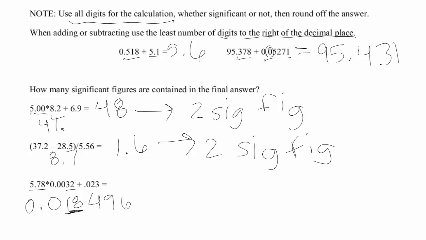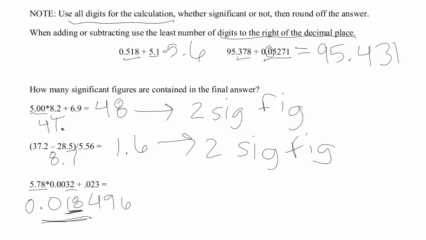So in this case, even though we're using the whole number, we know that because we multiplied it first, we only want these 3 digits to the right of the decimal place to count for the final answer. 3 digits to the right of the decimal place plus 3 digits to the right of the decimal place. Our final answer should have 3 digits to the right of the decimal place.